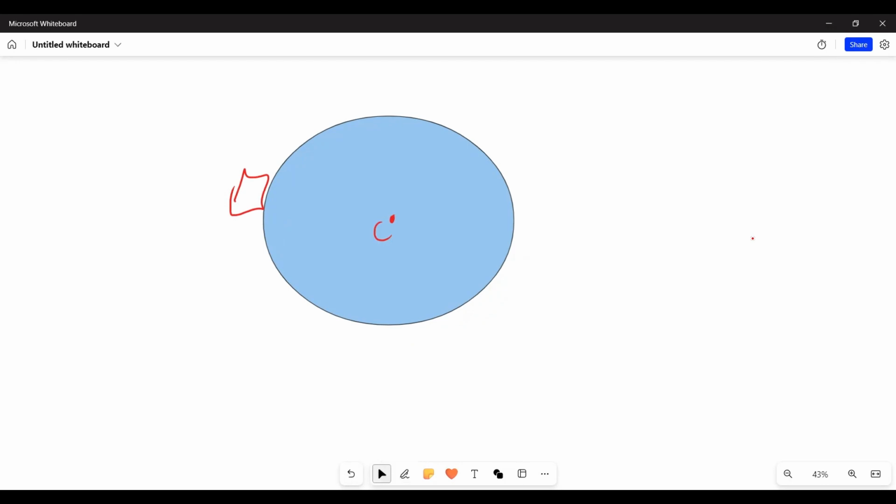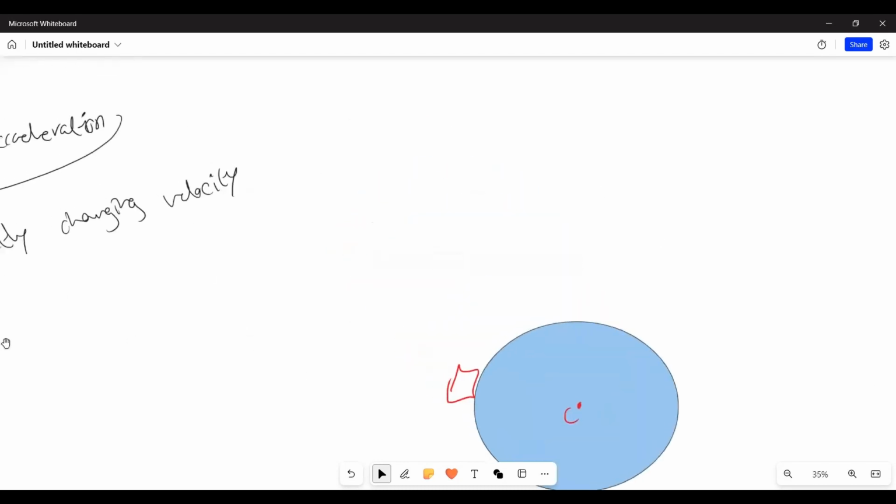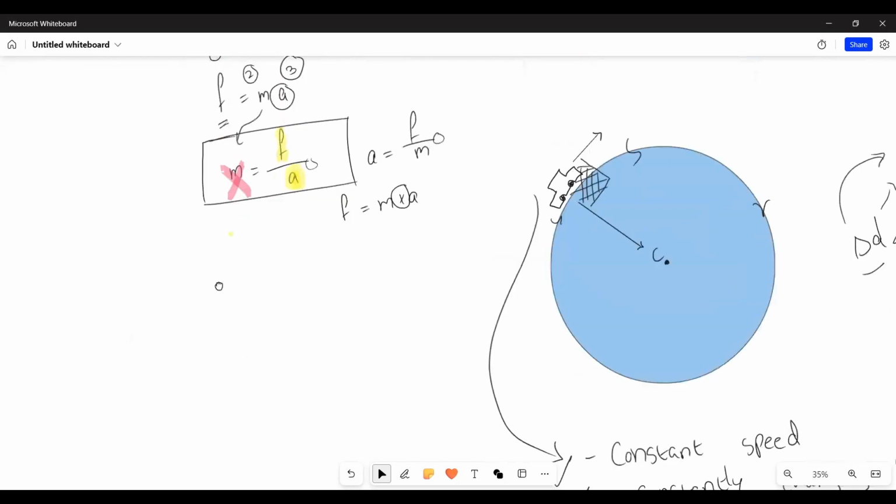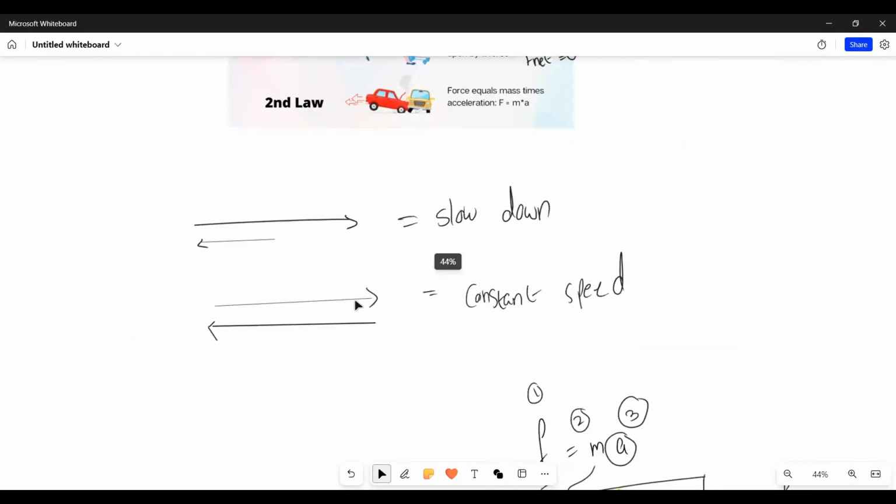To exit the track, my object can increase the speed, so that there's a resultant force and the centripetal force is insufficient. That means the centripetal force is not enough to keep my object around the track because there's a force greater than the centripetal force, which is the increased speed. Here I said we're at constant speed.